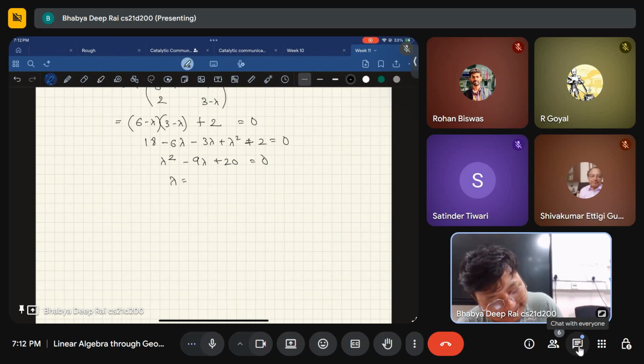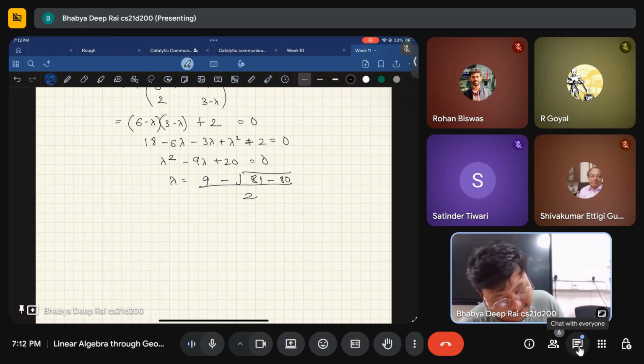And therefore lambda equals minus b, which is 9, plus or minus the square root of 81 minus 4ac, which is 80, divided by 2a.